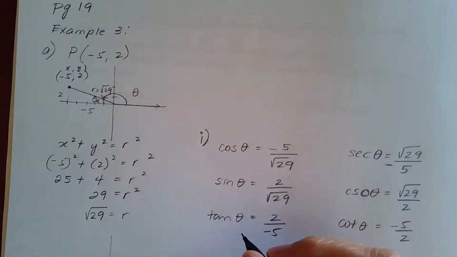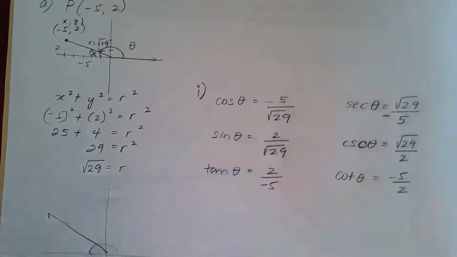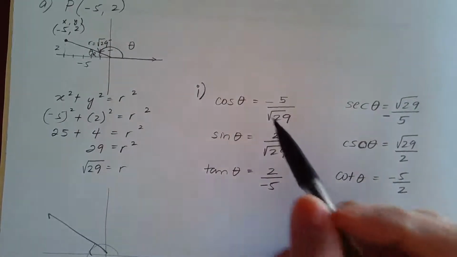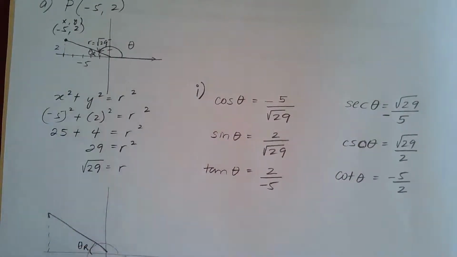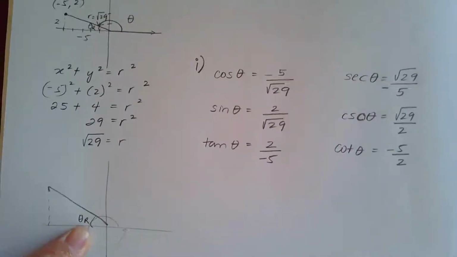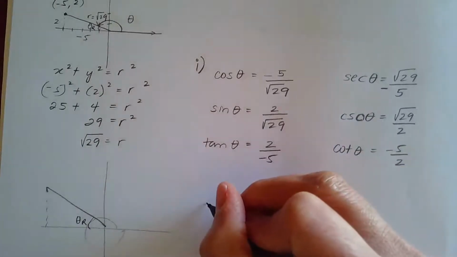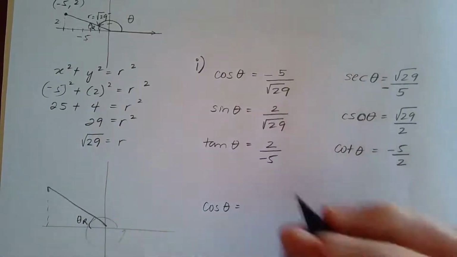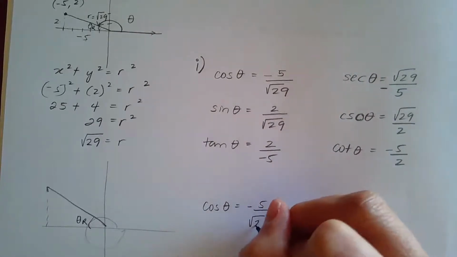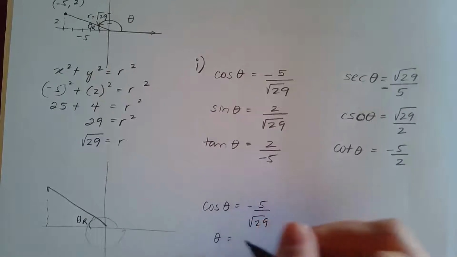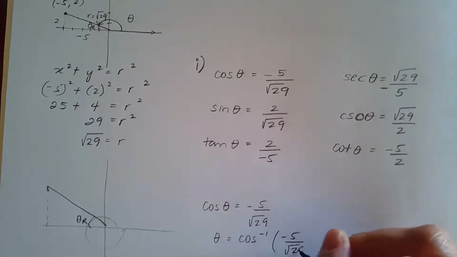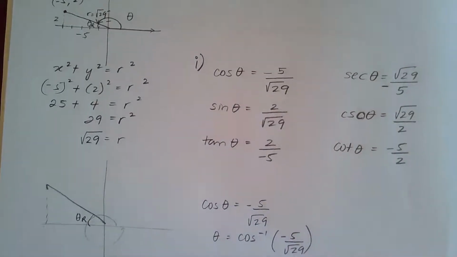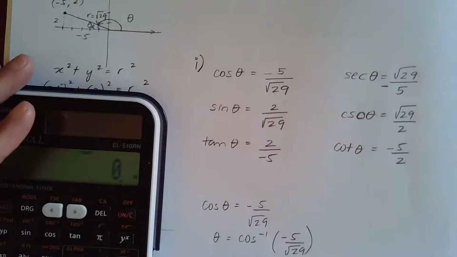We can use sine, cosine, or tangent. Doesn't really matter. But in this particular case, what we need to figure out first is the reference angle. So if we use cosine theta is equal to negative 5 over root of 29, we're going to end up with an angle.